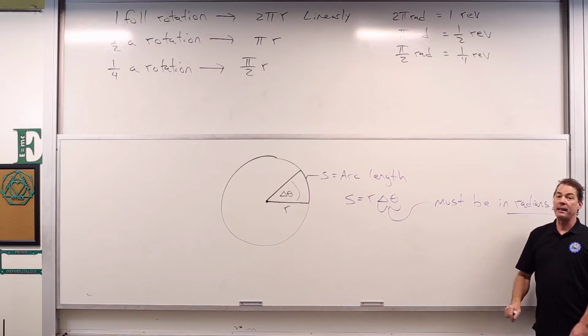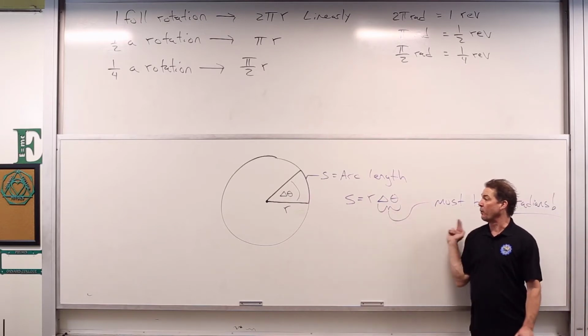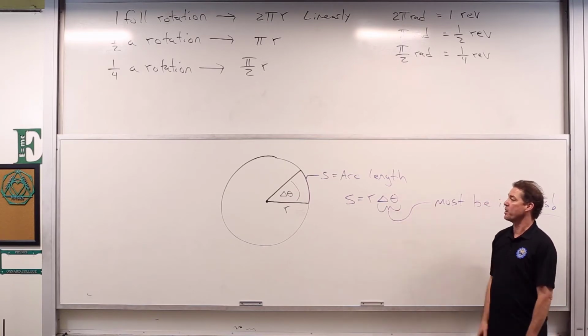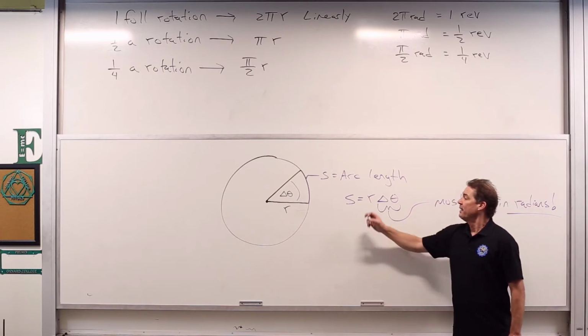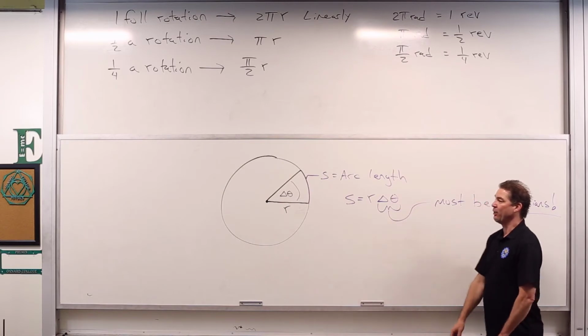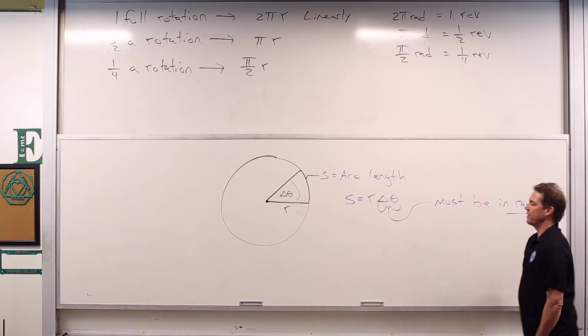This is why radians is the SI unit for rotation, because of this connection right here. As long as delta theta is in radians, we have a direct correspondence between the radius of the object and arc length for a given angle. And that is explicitly why we use radians, because of that one-to-one connection.